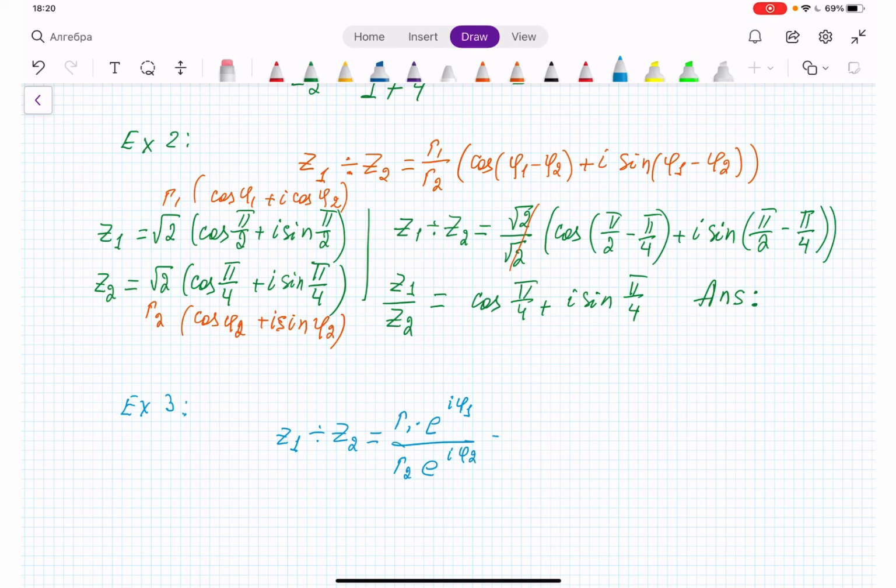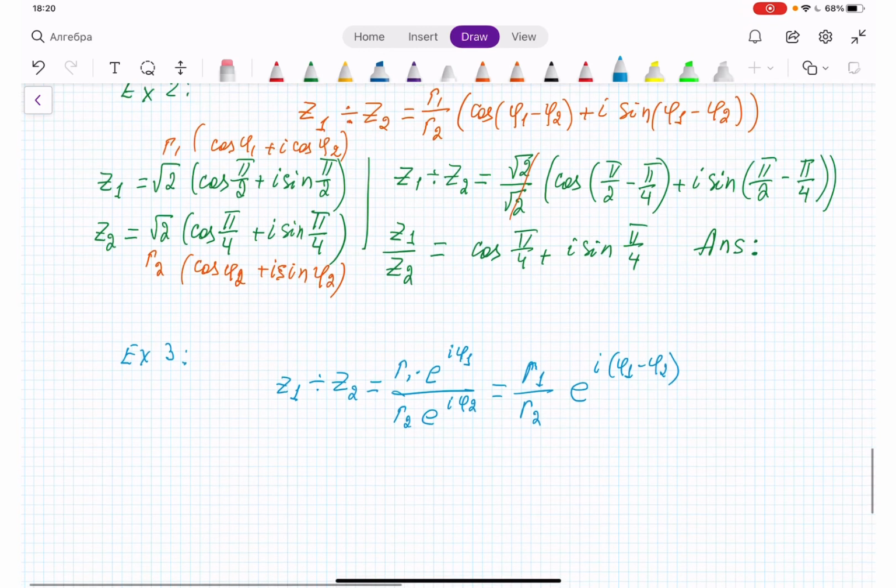So from here we are going to get r1 over r2, and e to power, since we are dividing bases with exponents and the bases are the same, we need to subtract exponents, right? So it's going to be e to power I phi1 minus phi2.